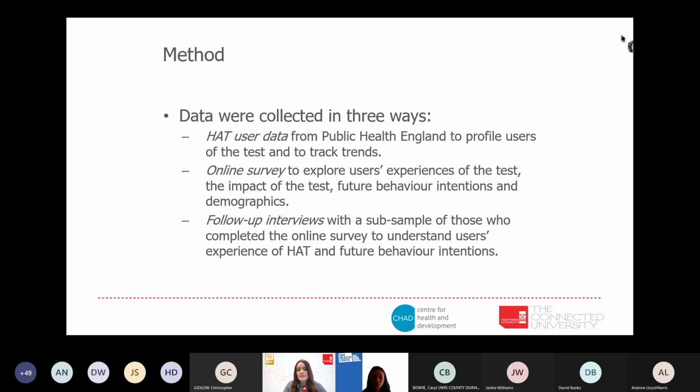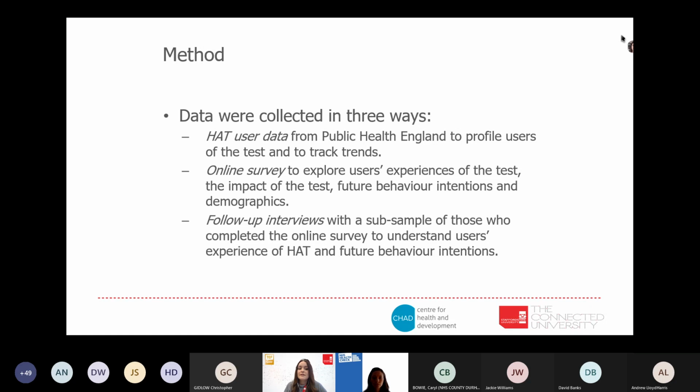A combination of quantitative and qualitative methods were used to understand users' experiences of the heart age test and future behaviour intentions. And we collected data in three ways. The first being HAT user data from Public Health England to profile users and to track trends.